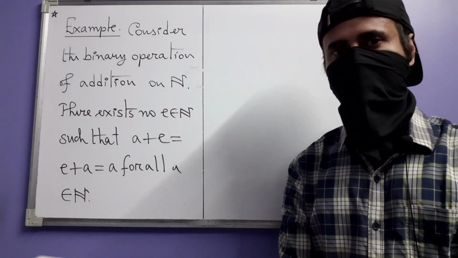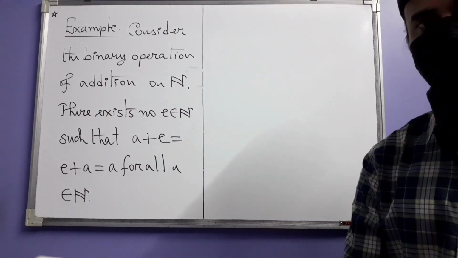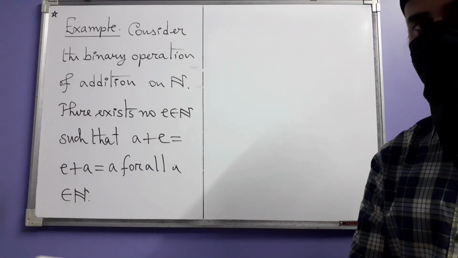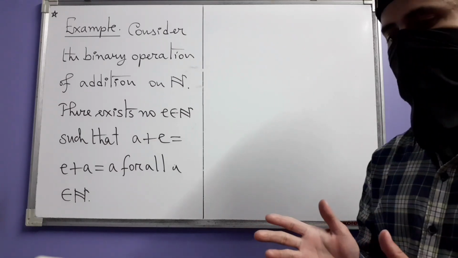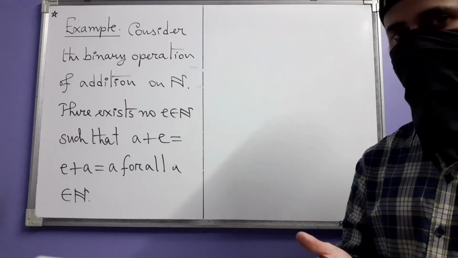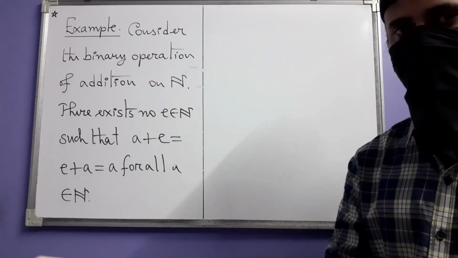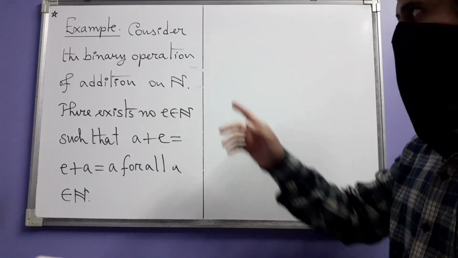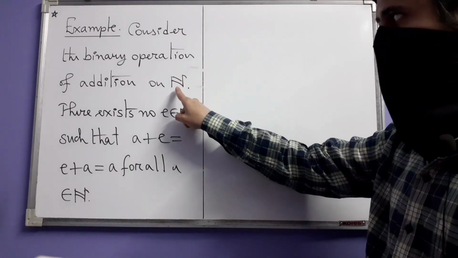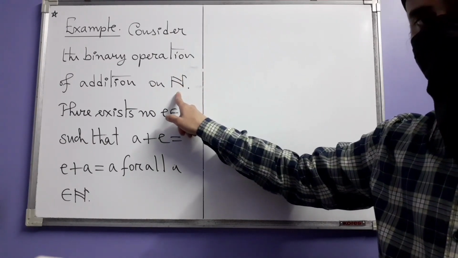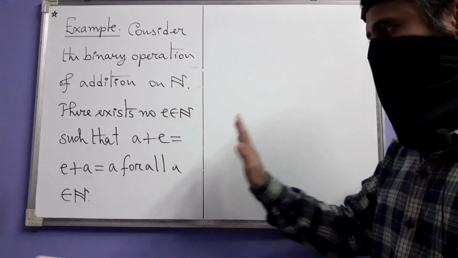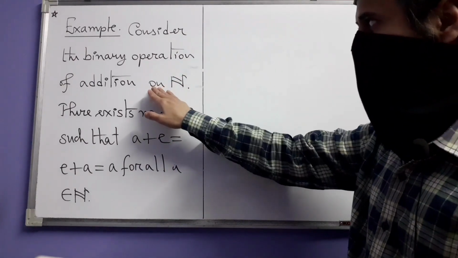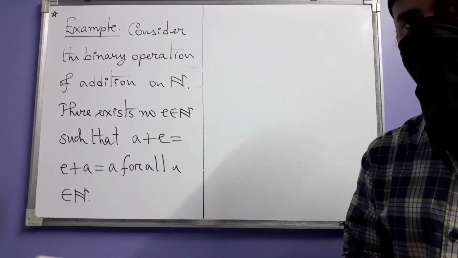Sometimes an operation which is known to have an identity element might fail to have an identity anymore if you change things slightly. We know, for example, that addition of real numbers has the identity element 0. But if we change the operation and consider addition on the set of natural numbers, then, but wait, before you see anything else, is it really a binary operation on N?